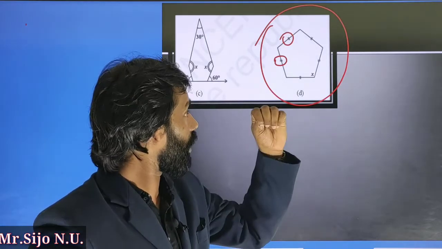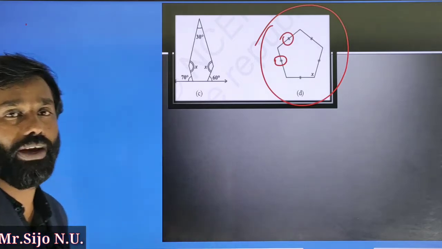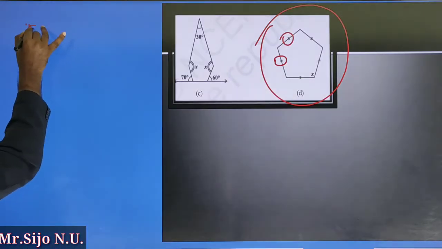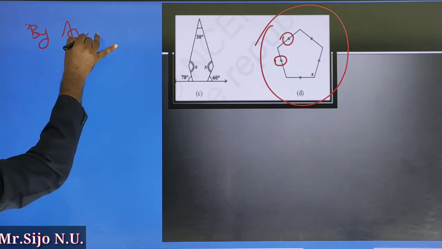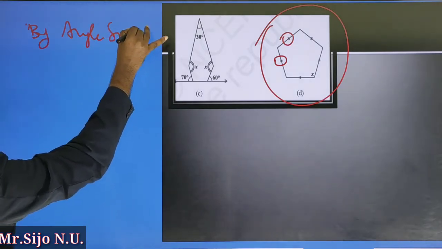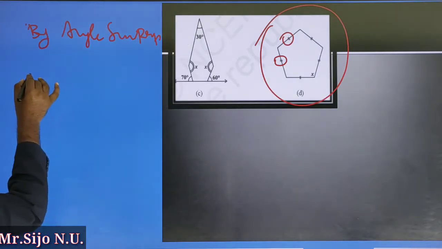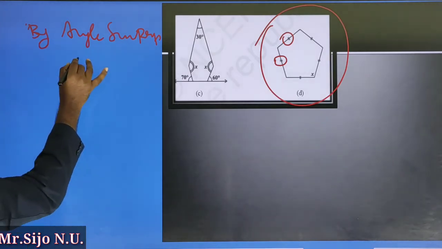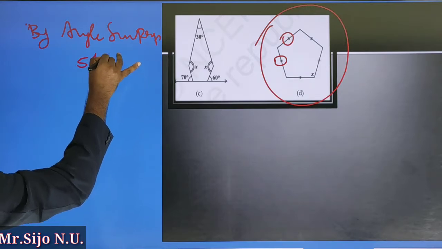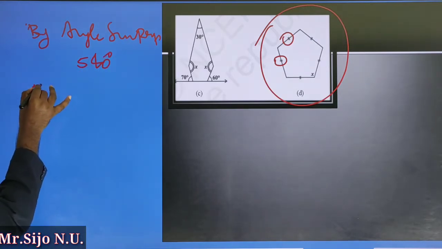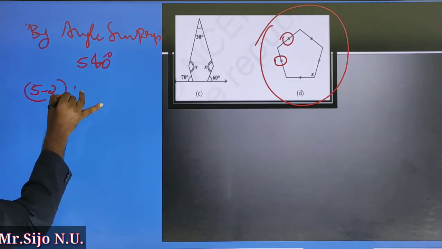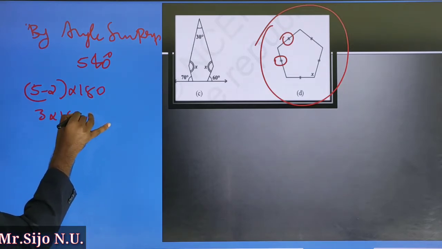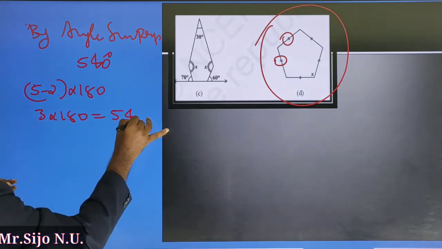We know that 5-sided, by angle sum property, the sum of all the angles together should be 540. How are we getting it? That's 5 minus 2 into 180, we are getting 3 into 180. Yes, we are getting 540 degree.